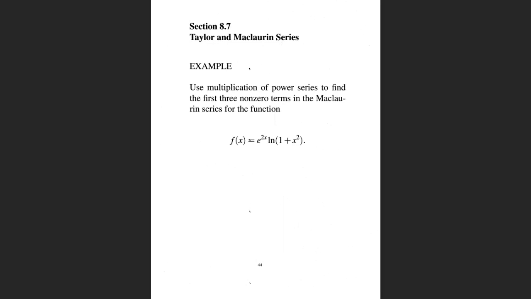Okay, so let's take a look at what we have here. In this problem, we have the product of an exponential function, e to the 2x, times this logarithmic function, the natural log of 1 plus x squared.